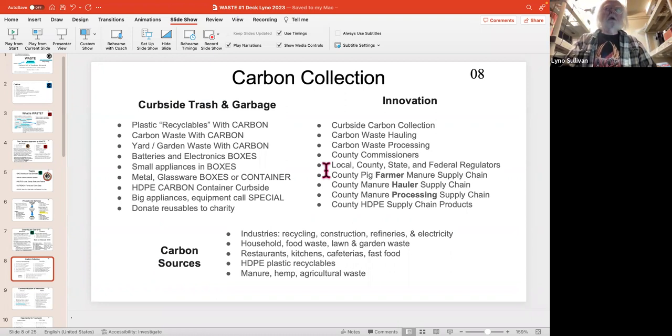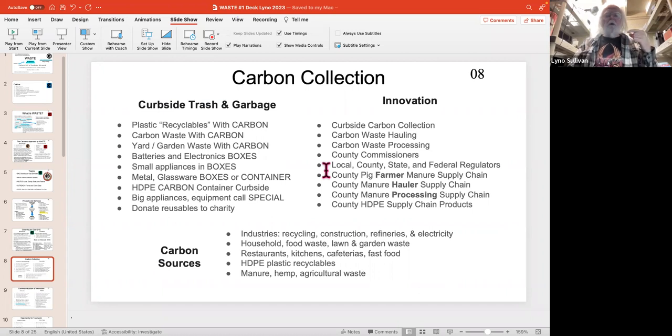You put all of your plastic jugs and your glass and your recyclables, cans and all of that in one container, and you put your trash into polyethylene bags and put those in the other trash can. That's the way you separate. It's all wrong. The county commissioners, the haulers, all of that, they need to think about that differently.